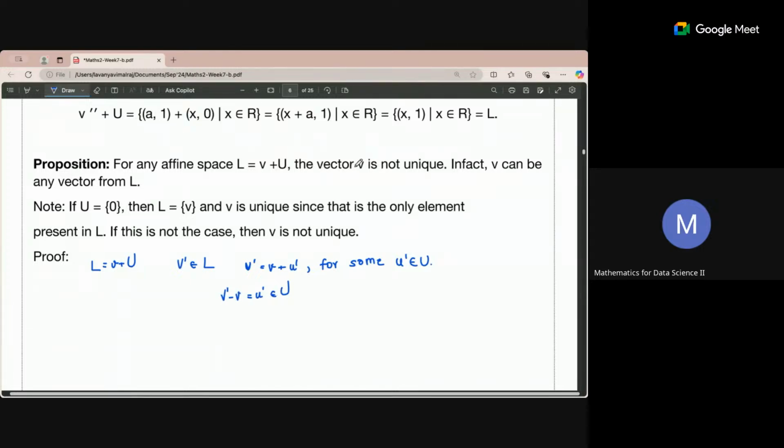Here we want to say that the vector V is not unique. You can put any V from L and you will still get the same space.